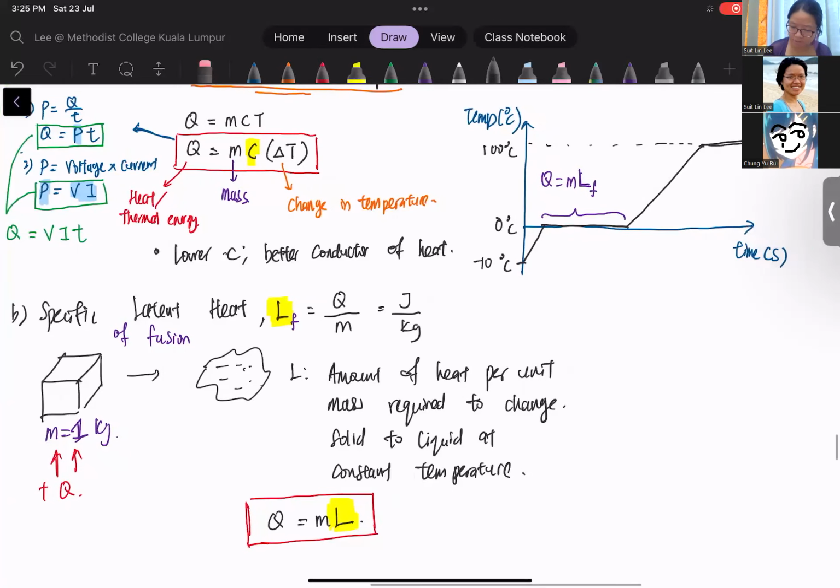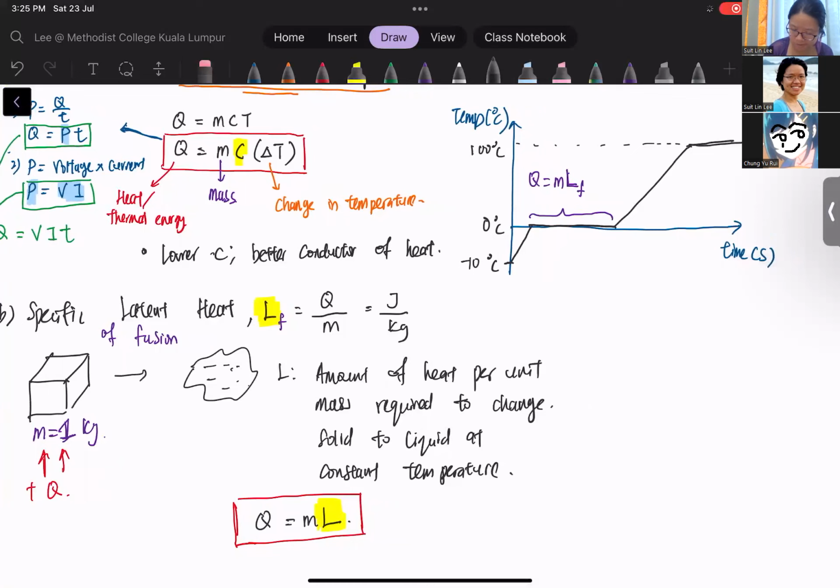Okay. And at this part here, I will call this the latent heat of vaporization, because we are converting from a liquid to gas. Melting, boiling.